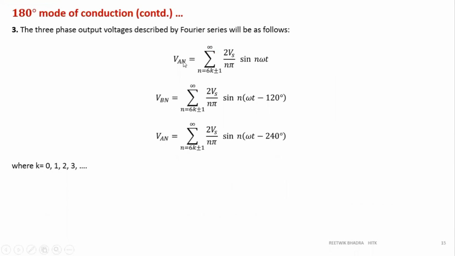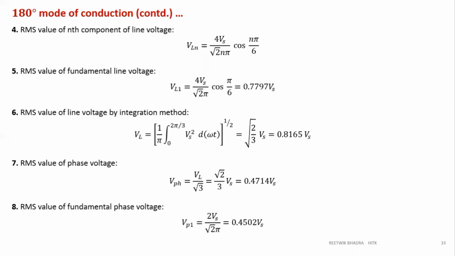And these are the equations of your phase voltages. A phase will be at 0, B phase will be minus 120, and this will be again C phase, so this will be minus 240. That's why the angle is written this way. These formulas are very important; please go through them and learn them, because without these formulas you can't solve any problem.